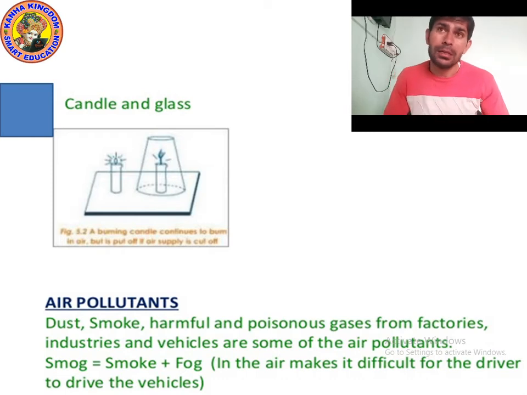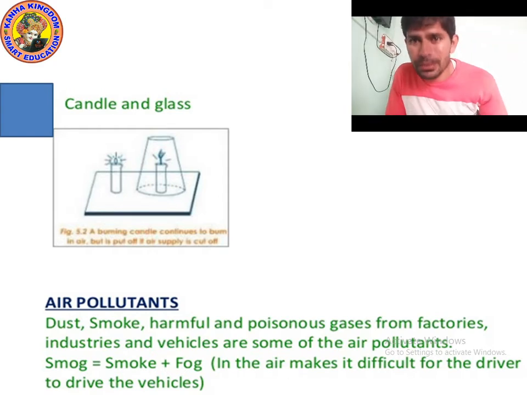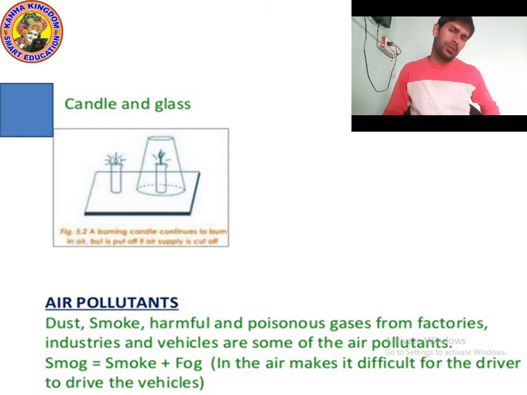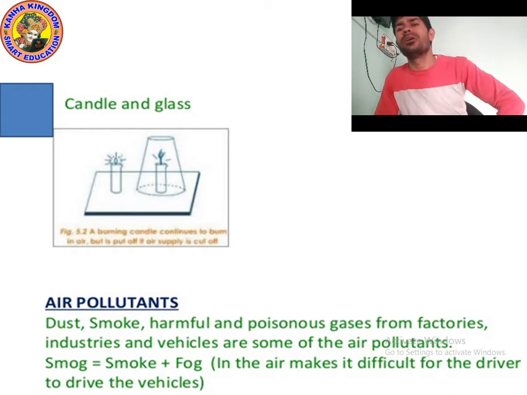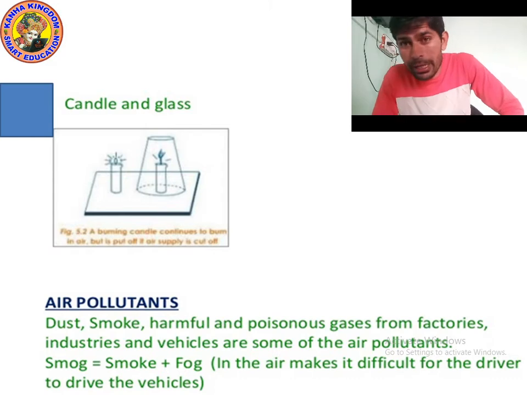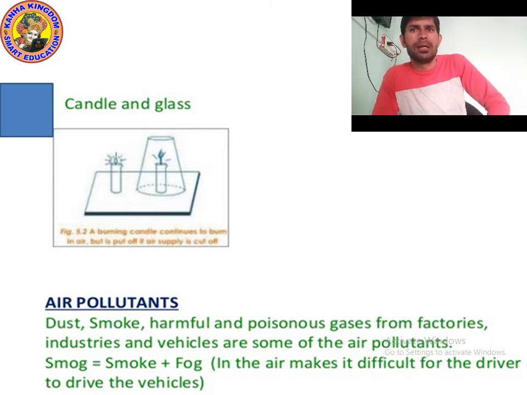What is global warming? The increasing of the temperature of the earth due to carbon dioxide is known as global warming. Yes, that's why the glaciers are also melting.